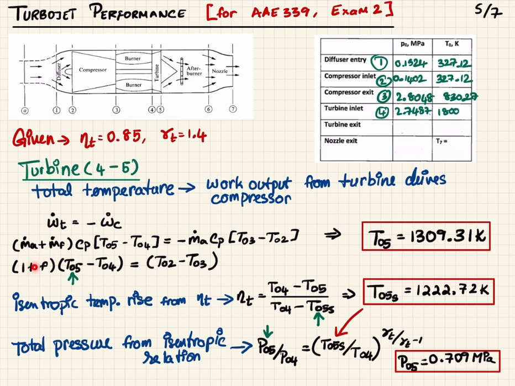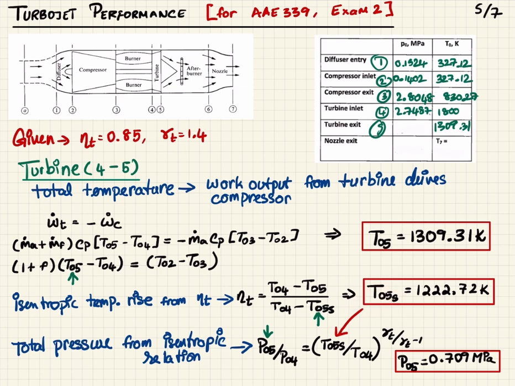And this is where that fuel-to-air ratio that we determined earlier makes a play. And we determine the stagnation temperature at the turbine exit to be 1309.31 Kelvin.